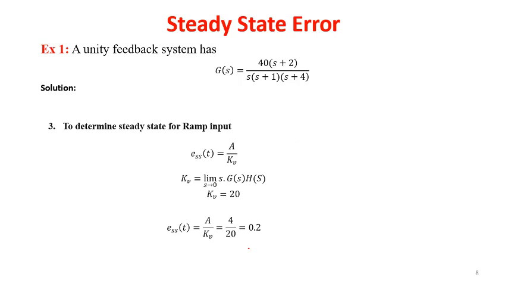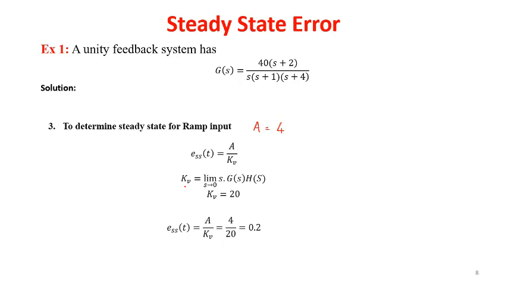Now we need to determine the steady state error for a given ramp input, and the value of amplitude A is given as 4 from the data. We know for a ramp input the steady state error ess is given as A divided by Kv, the velocity constant.